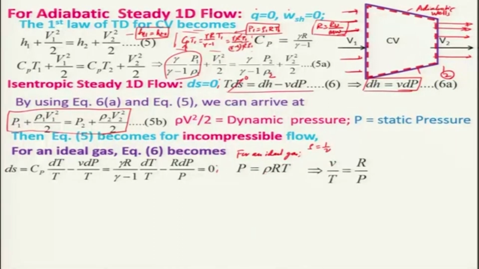So, nu by T is nothing but your R by P, and we know that gamma is equal to Cp by Cv, and we can put R by P as nu by T. Having this, you can get from this expression P2 by P1 is nothing but your T2 by T1, provided this is for an isentropic flow, therefore this will be equal to 0.